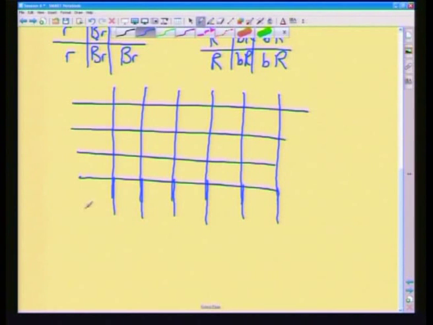And I'm not using rulers because I want you to see how to do it. Okay, this is what is important.